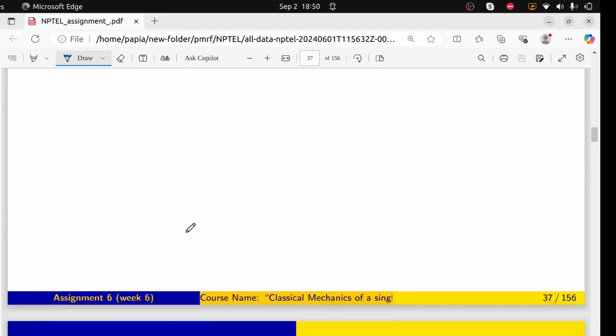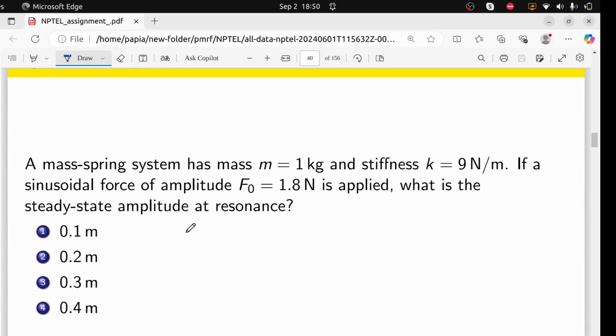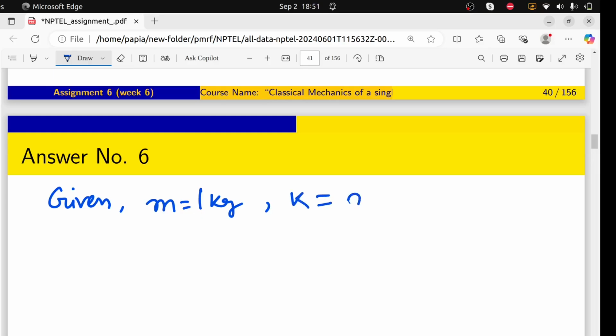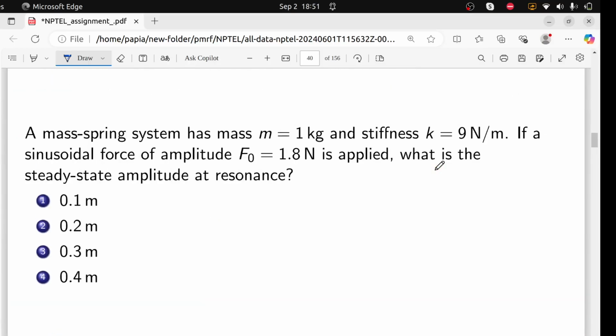Now coming to the next question. A mass spring system has mass m equals 1 kg, stiffness k. If a sinusoidal force of amplitude f0 is applied, what is the steady state amplitude at resonance? Okay, a similar question. So given m equals 1 kg, k is 9 Newton per meter, f0 is 1.8 Newton, and at resonance they are talking.